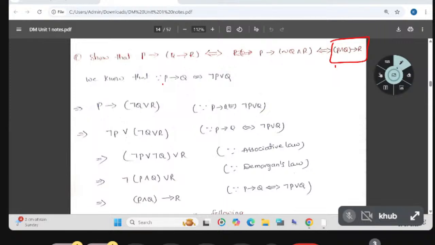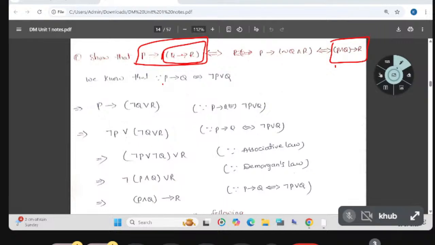Okay. So for that, what I am doing? I am doing P implies Q substitution. Right. So for the first statement, I am substituting P implies Q, which is replaced with negation P or Q. Okay. So for this one, I am replacing with negation P or Q, which indicates our negation Q or R value. Right.